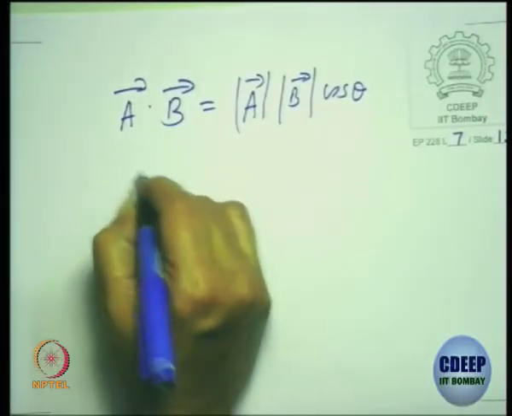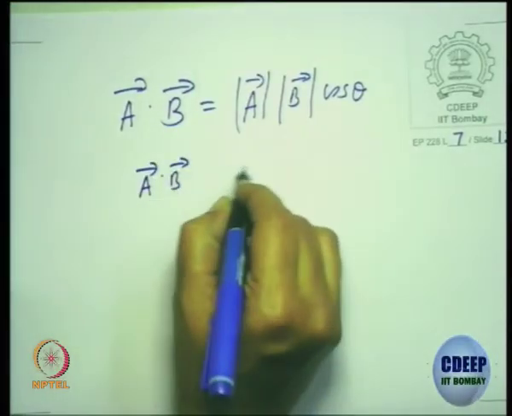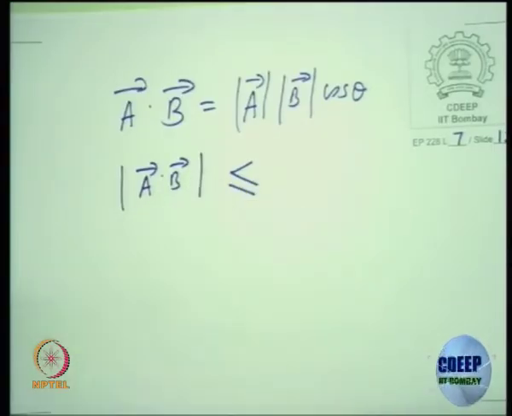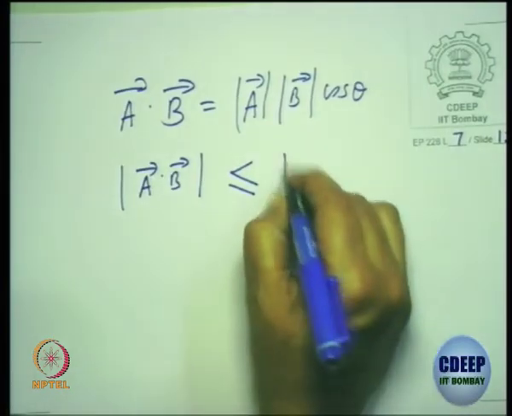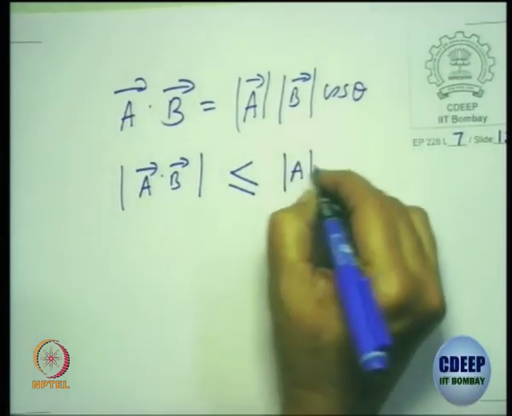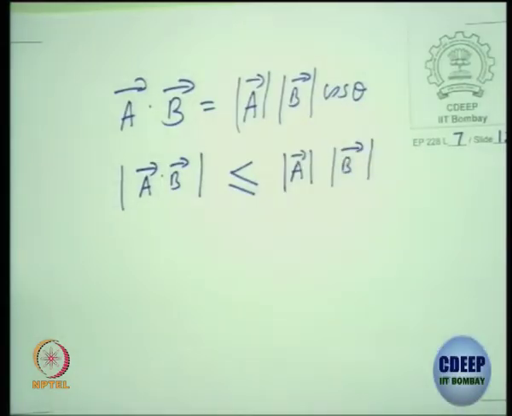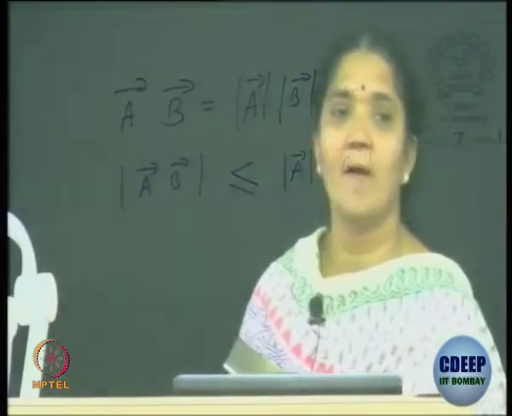So the magnitude of A dot B will be less than norm A, norm B, because cos theta, what are the values of cos theta? The range is from -1 to +1. So if you take the positive magnitude, then the left hand side should be less than or equal to.